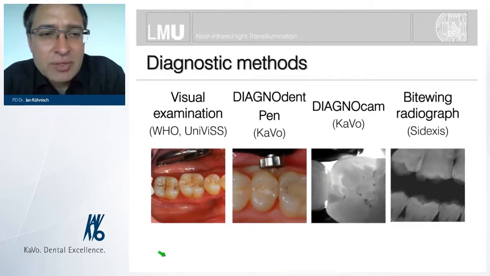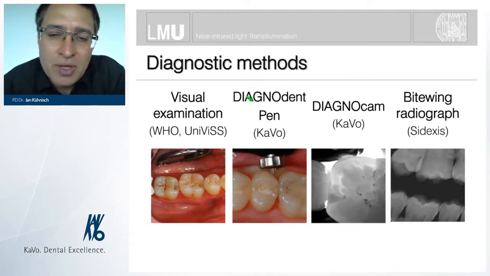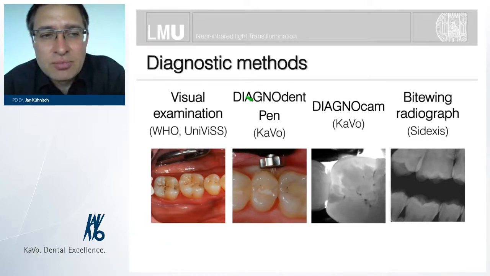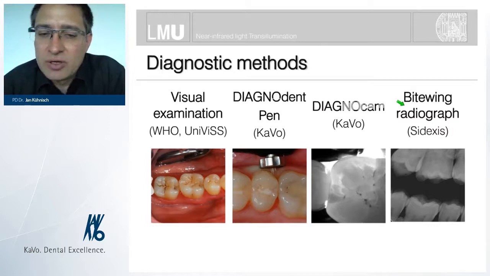For diagnostic purposes, we used the visual examination. We used the Diagnodent pen, which was earlier designed for proximal caries detection, and we used the DiagnoCam device beside the reference standard, the bite-wing radiograph.